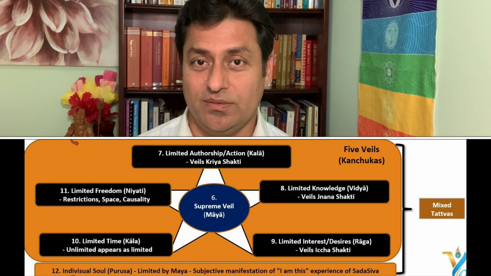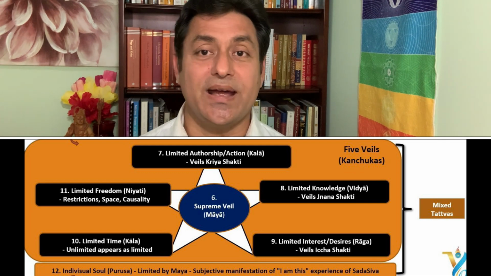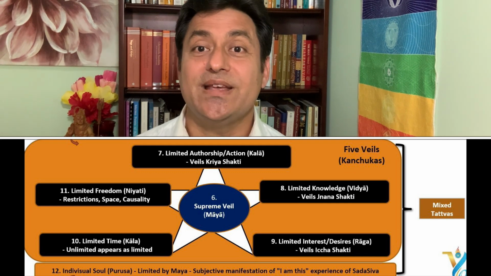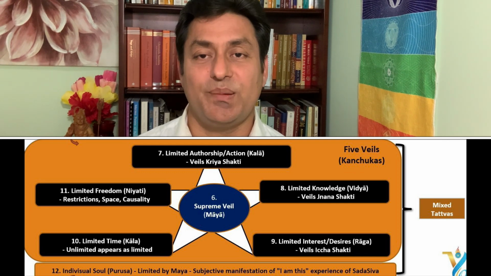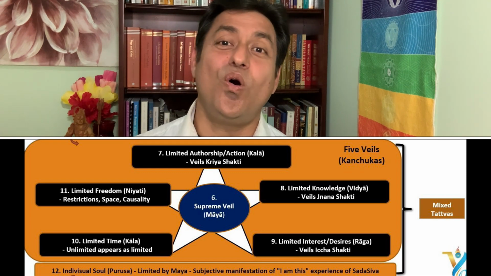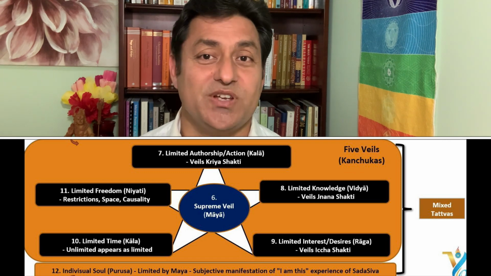The 12th element is the individual soul called Purusha. This is none other than Shiva in the subjective manifestation of Sadashiva with the experience of I am this, but limited by his own Maya Shakti as an individual subject.